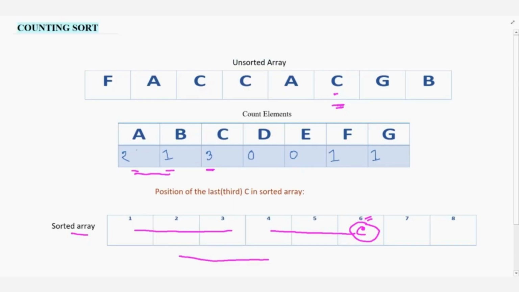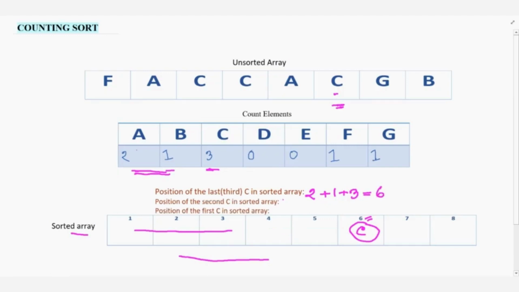To find the position of the third C in the sorted array, we need to add all the previous counts of the elements. So we add 2 plus 1 plus 3. So the last index for the last C is 6.